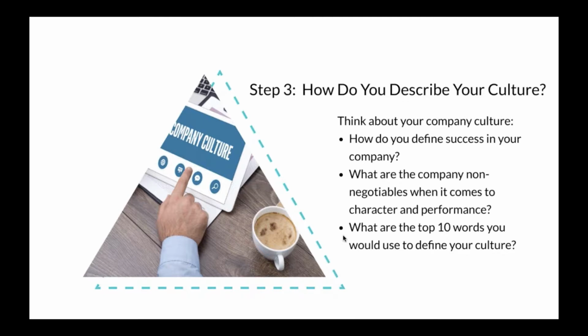For some companies, success is being the biggest. They want to have the most senior living communities. For some, it's about having the best resident satisfaction surveys. For many, it's about occupancy. But think about, as a team, how do you define success in your company?